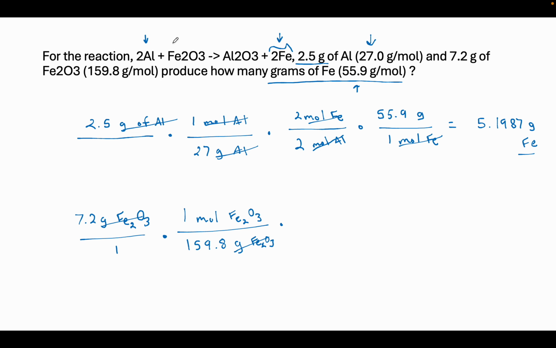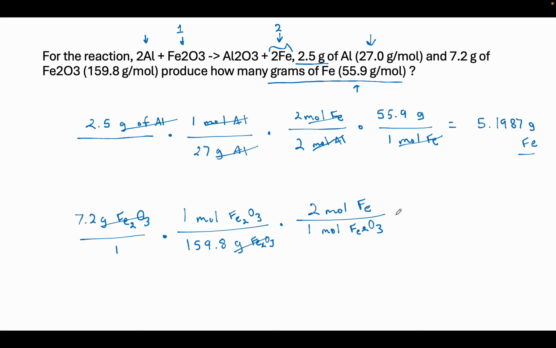So here, Fe2O3, we've only got 1 mole. And again, 2 moles of Fe. So for every mole of iron oxide, Fe2O3, we have 2 moles of iron.